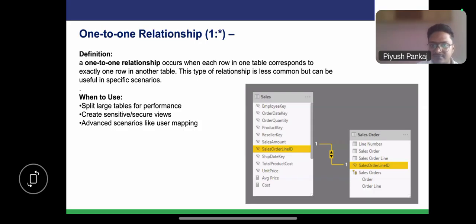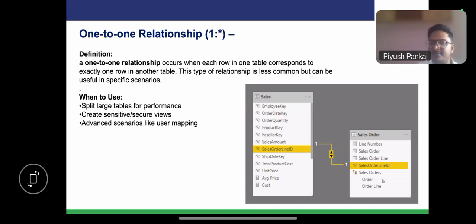One to one. So here you can see it is one and one. One to one means what? You have unique things in the first column where you're going to relate, and again you are going to have unique things in the same column over there. This one to one relationship occurs when each row in a table corresponds to exactly one row in another table.